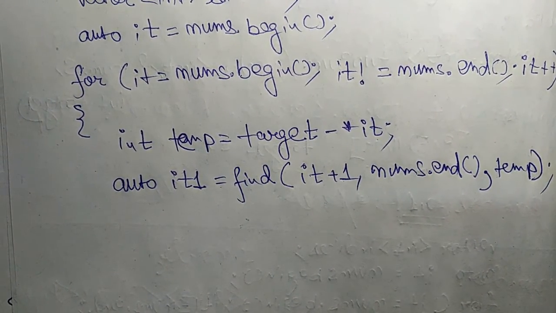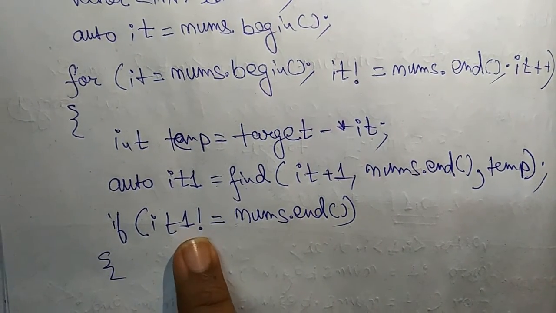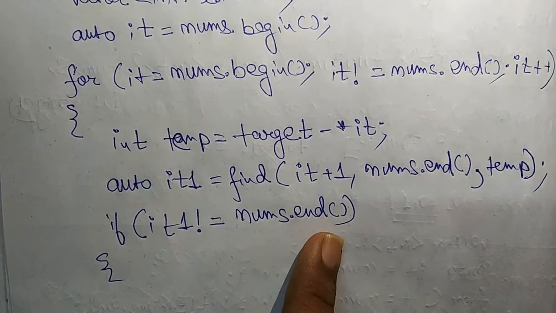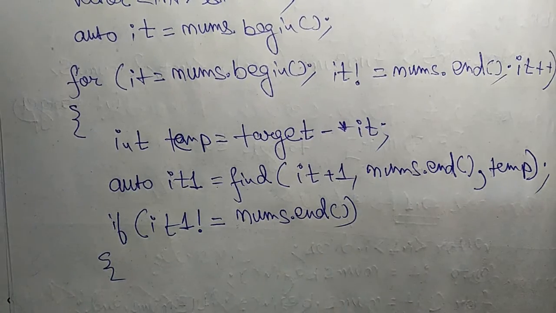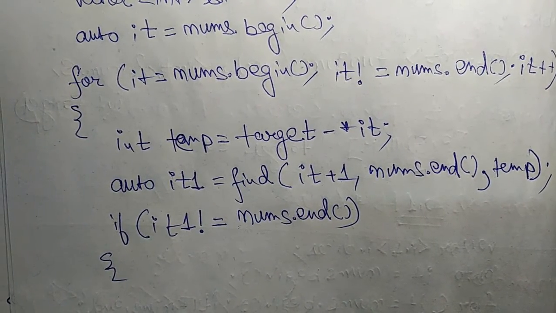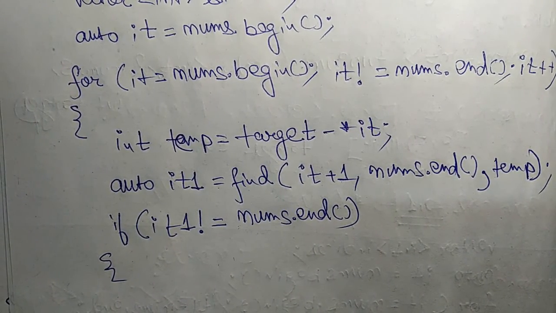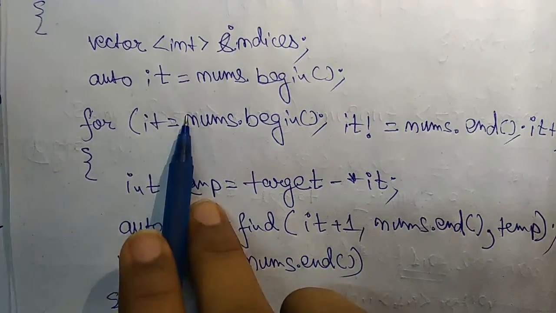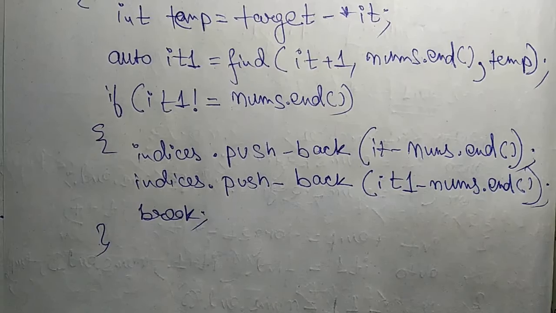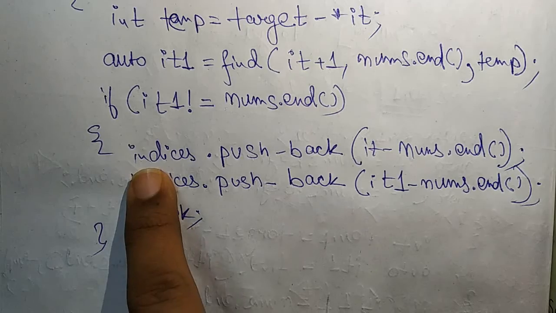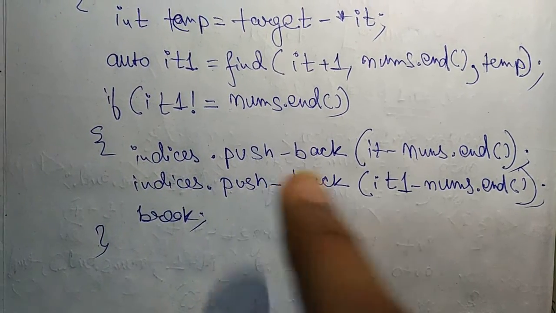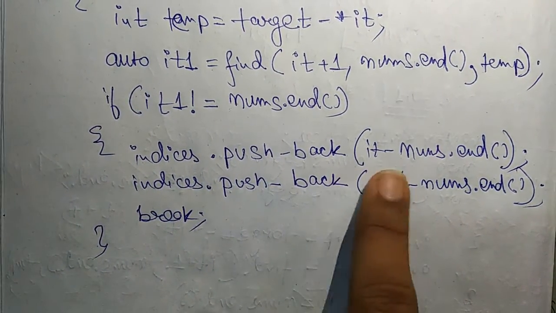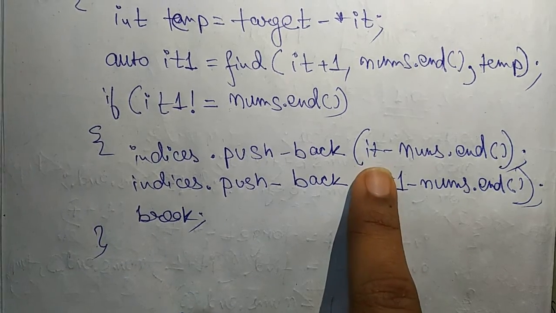Now if it1 is not equal to nums.end, we will simply push the index values into the vector indices. I have pushed the index of it and it1.